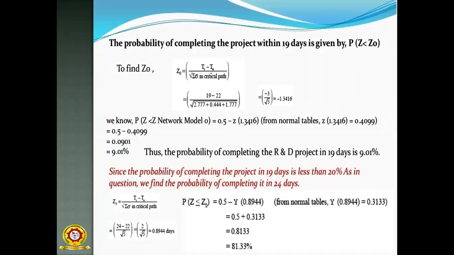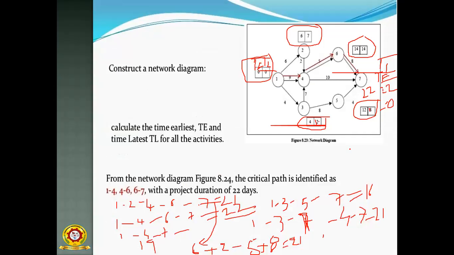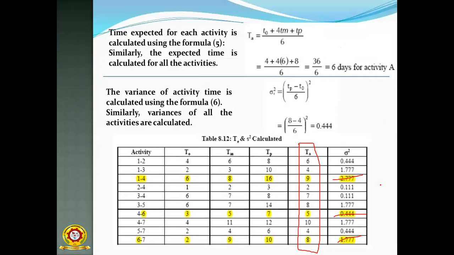So TS minus TE, what is the variance? The total variance is only what we consider, this one: 2.777 plus 0.444 plus 1.777, so 4.998.